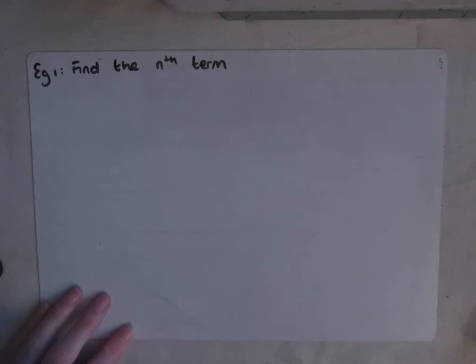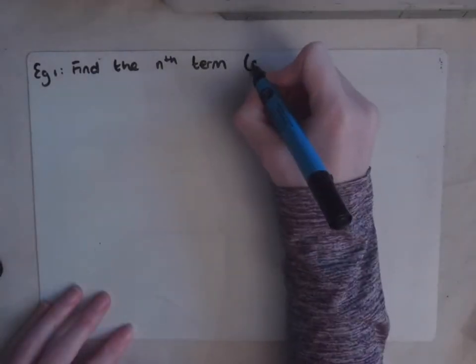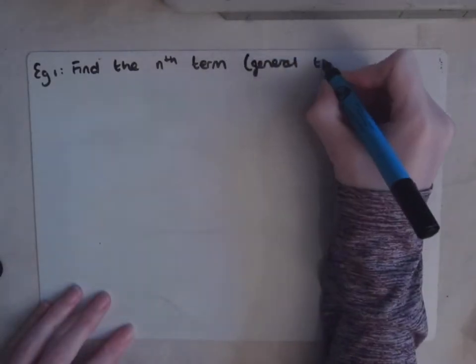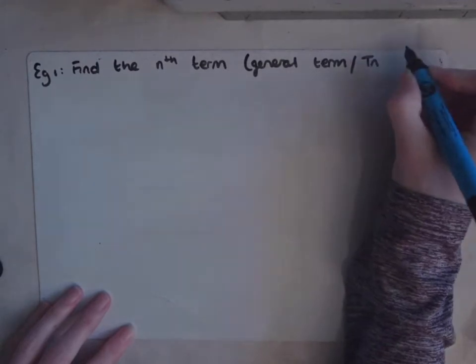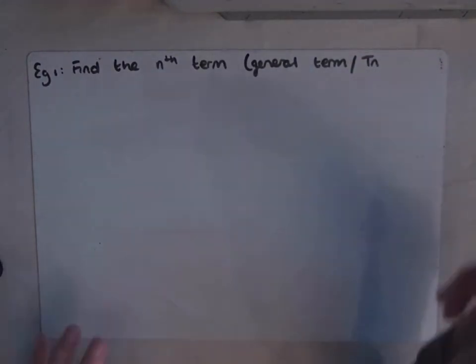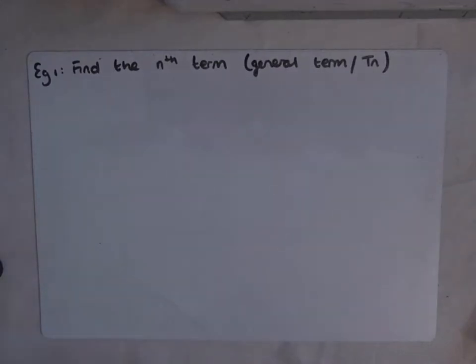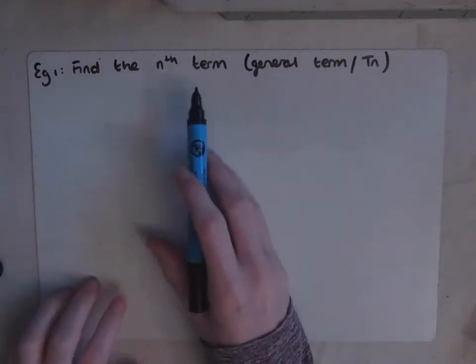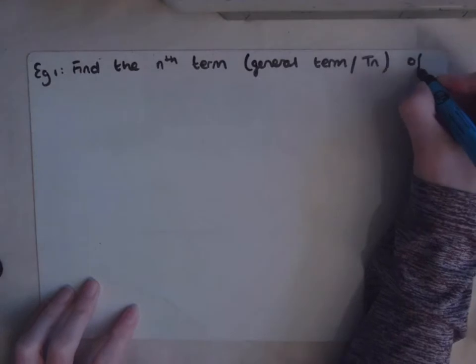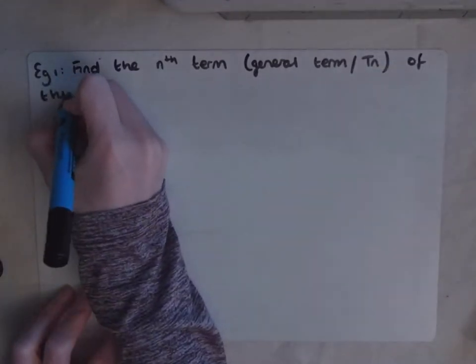Now, another word for nth term is your general term, or Tn. Basically, that's saying find the rule. Find the general term that will get me any term in my sequence. So find the nth term of this sequence.